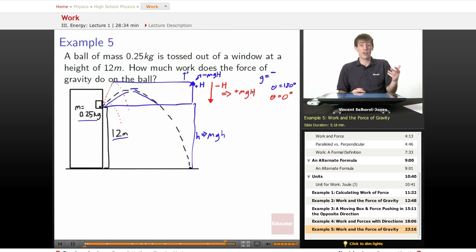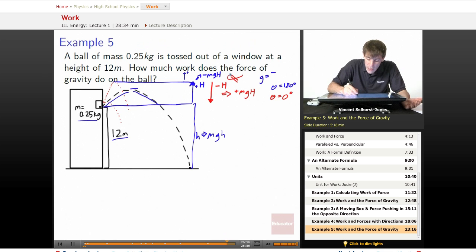But then we have to travel the exact same amount down if we're going to make it to the ground. So the amount that we just lost in work is going to be regained in work. The positive mg capital H is going to cancel the negative mg capital H. The two are just going to hit each other and disappear. In the end, the only thing that we're left having to care about is the little h right here.